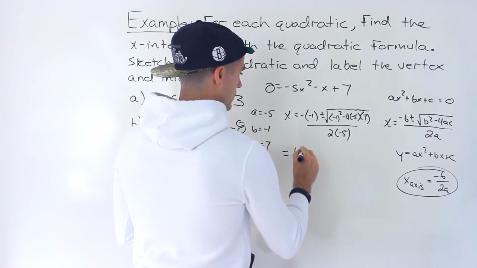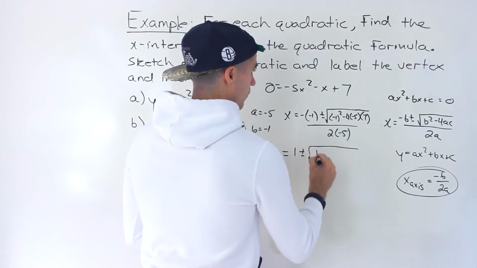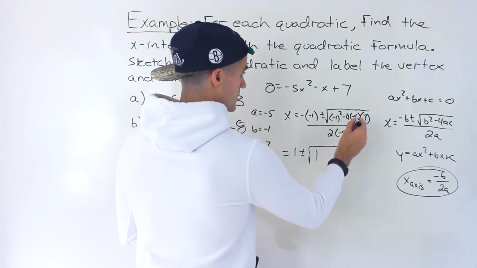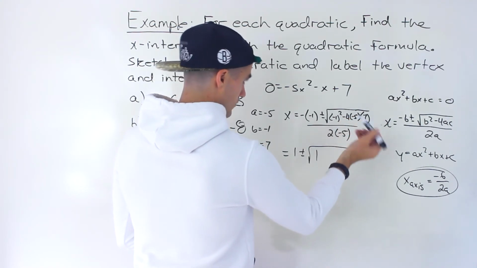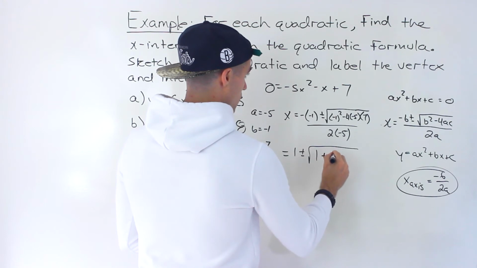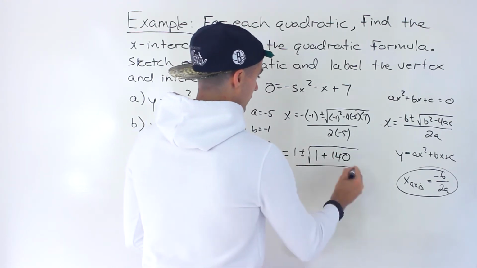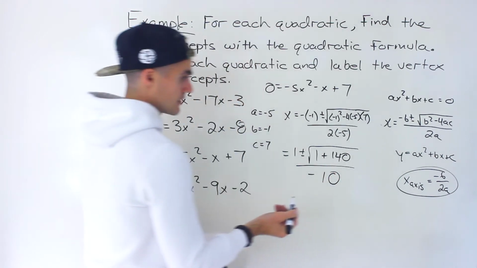Negative 4 times negative 5 would give us 20, times 7 would give us 140, and that's going to be over negative 10, like that.